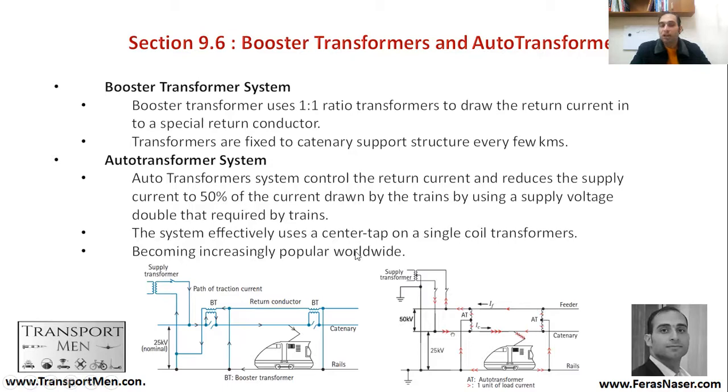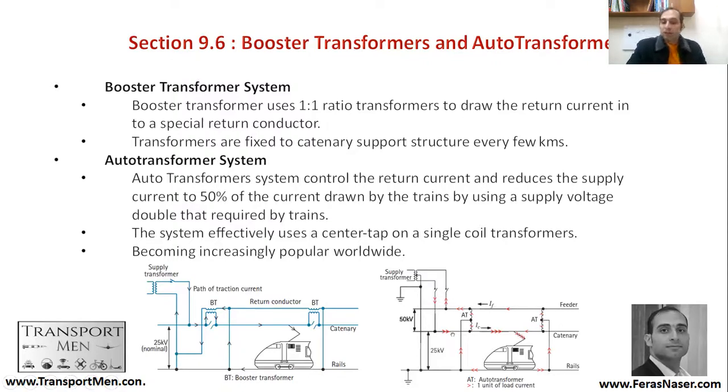They reduce what is coming to 50% by using a supply voltage double that required by the train. This is the mechanism that is used, and the auto transformer is a center tap on a single coil transformer. So this is a single coil, and this is the auto transformer. And they are becoming increasingly popular worldwide.